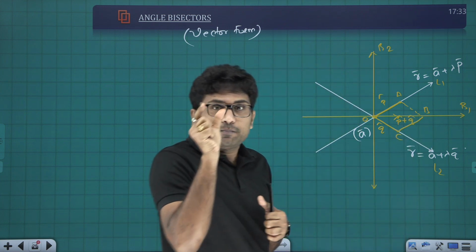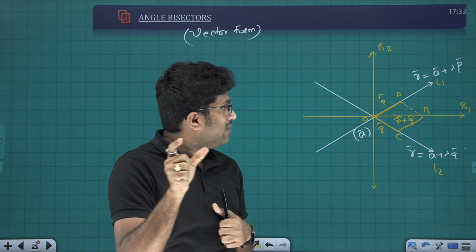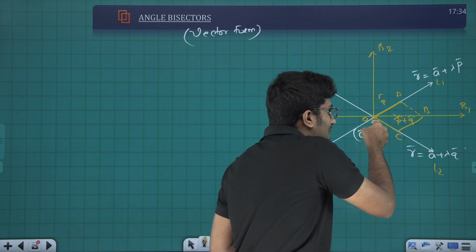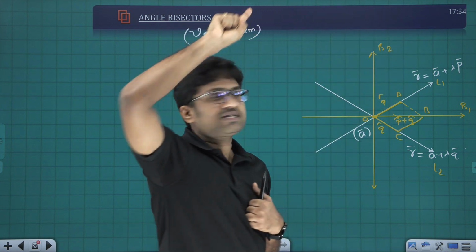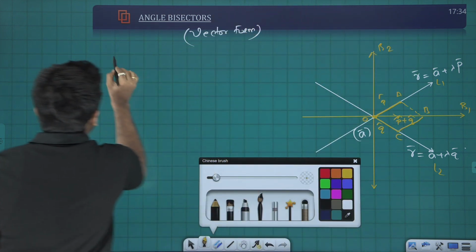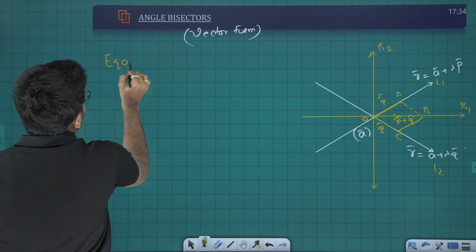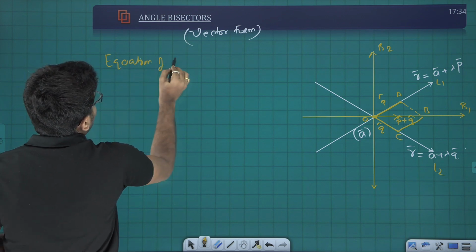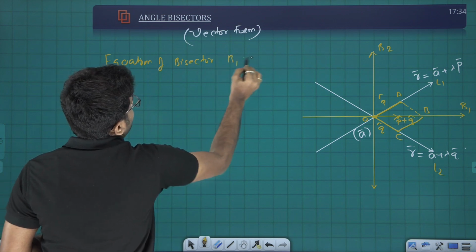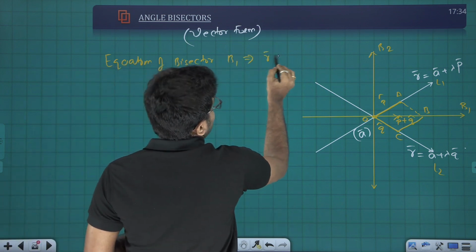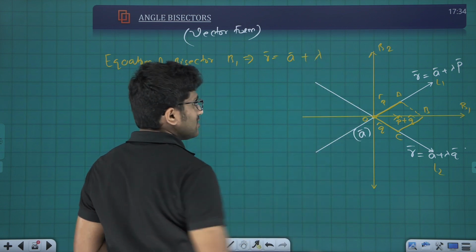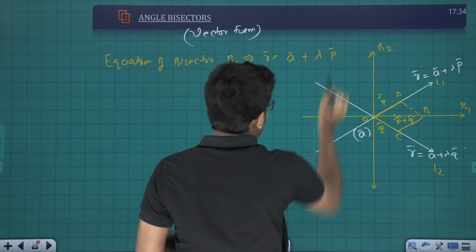That means for the line B1, it is passing through point A bar and has support P cap plus Q cap. So we can get the equation. Therefore, by equation of bisector, B1 is nothing but R bar is equal to A bar plus lambda times P cap plus Q cap.